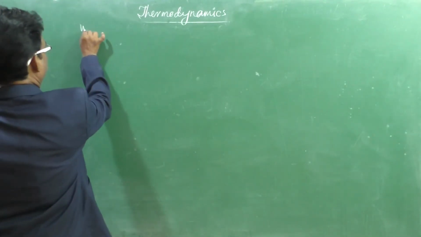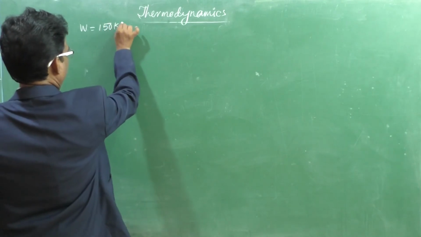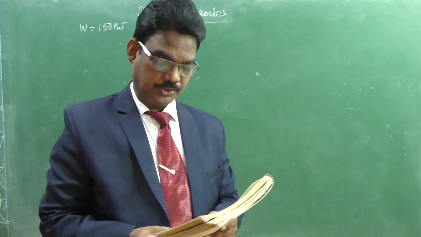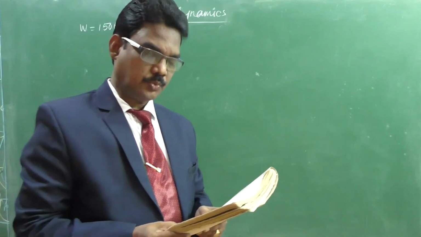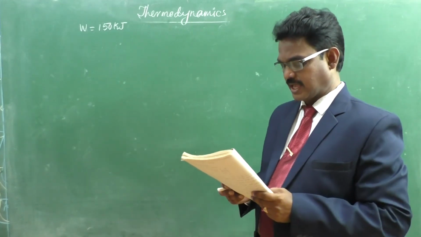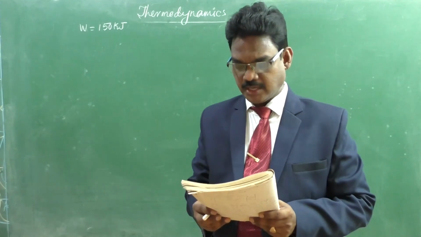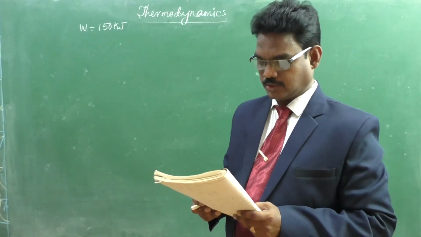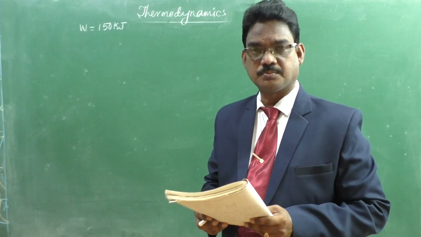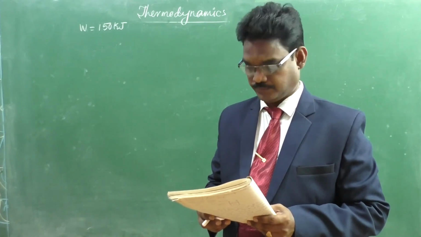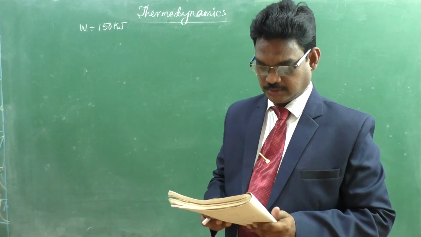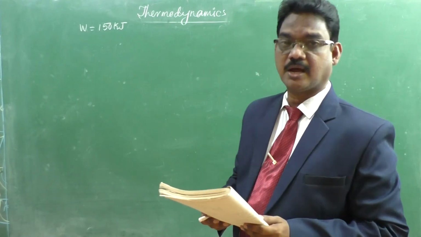If the initial volume is 0.6 meter cube and the pressure of the system changes as P equal to 8 minus 4V, a governing equation, where P is in bar and V is in meter cube, determine the final volume and pressure of the system.